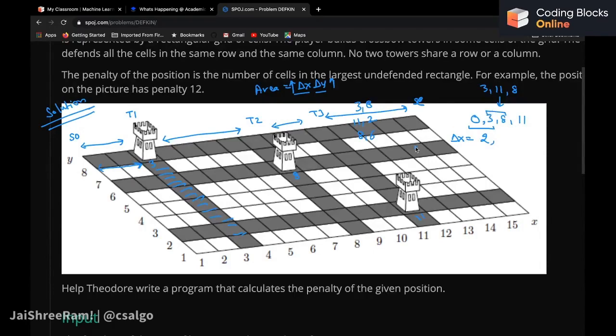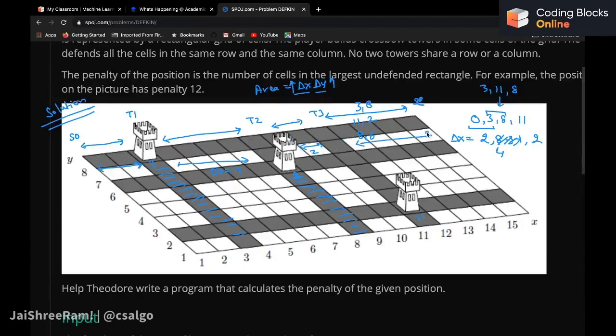This delta x will be 8 minus 3, but 8 is already defended, so we subtract 1: 8 minus 3 minus 1, that is 4. Then 11 minus 8 is 3, minus 1, so 2. So this delta x is 2.